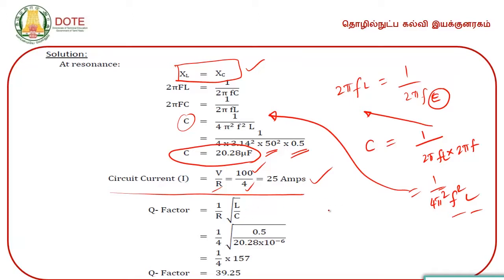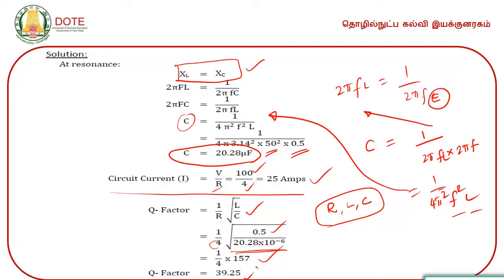So, the parameters R, L and C are known. So, we can straight away apply this formula, which is 1 by R into square root of L by C. So, this is 0.5 Henry, C value is 20.28 into 10 power minus 6 and R value is 4. Applying all these parameter values of R, L and C, you can easily find out the value of Q factor, which is 39.25.